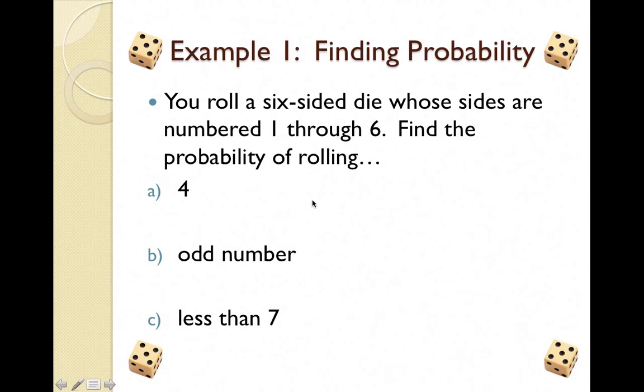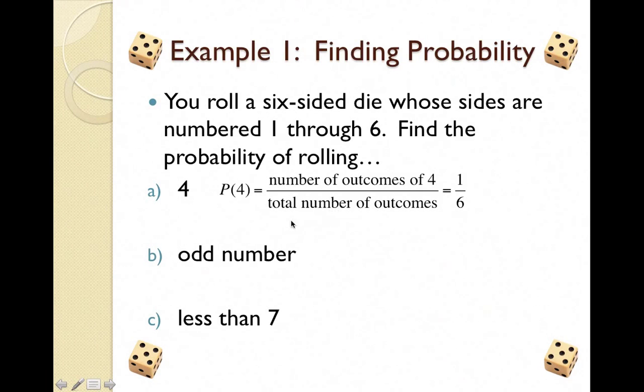So following our formula that we just saw, if I want to know the probability of rolling a 4, I would say how many ways can I get a 4 when I roll a die over how many different possible outcomes there are when I roll a die. Well, since there's only one 4 on a die, we would put the 1 on top. Since there are 6 total possible numbers on the die, we would put the 6 on the bottom, and our probability then would be 1/6.